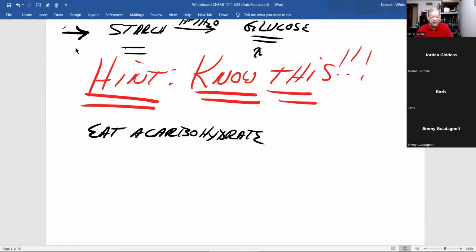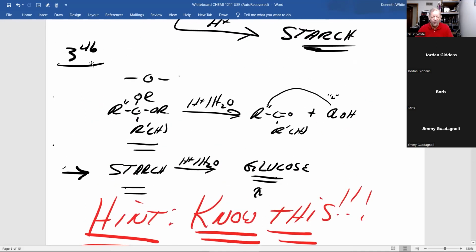And what's in your stomach? Acid and water. So it's acid hydrolysis of, and what's the functional group that holds together glucose? And the answer is an acetal.